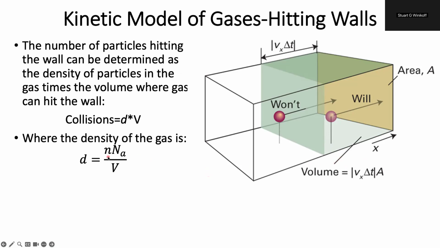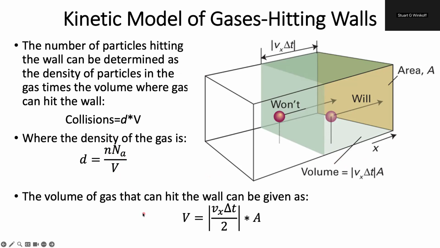So the density is just going to be the moles of gas times Avogadro's number, which will give us the molecules of gas, divided by the volume of the container. Now again, note these will be a little bit different. And the volume of the gas that will hit the wall is not going to be the same as the volume of the container, but will be more or less highly related.